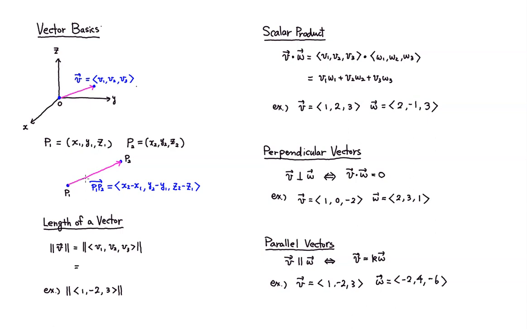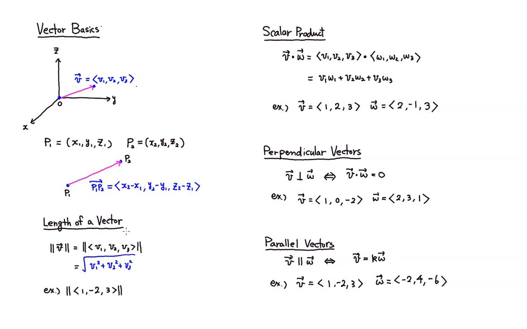The length of the vector can also be found this way. If you have a vector v1, v2, v3, all you have to do is square all components, add them up, then take the square root. This is the length of the vector.